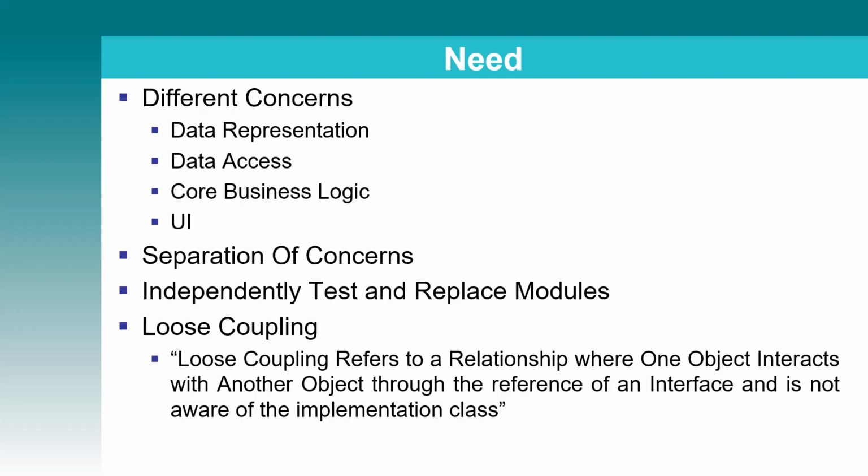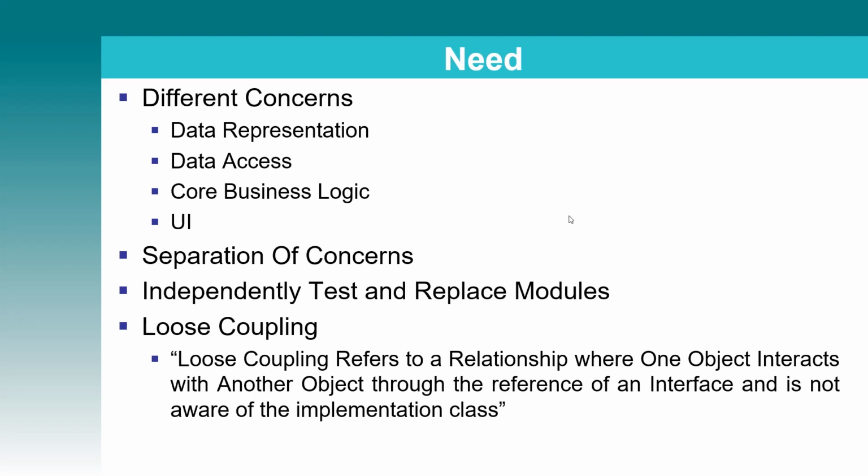So these different groups of classes that we write is what we refer to as different layers in an application. So we would like to have different layers in an application, each layer responsible for a separate concern. The idea could be that not only does it help us maintain and evolve the application, it also makes it significantly easier to independently test and independently reuse and independently replace different layers or different modules.